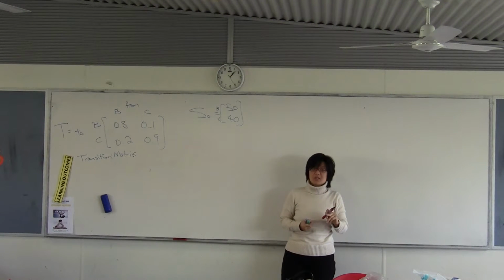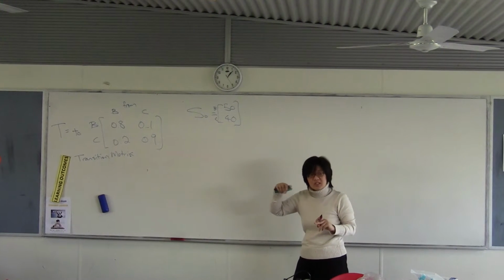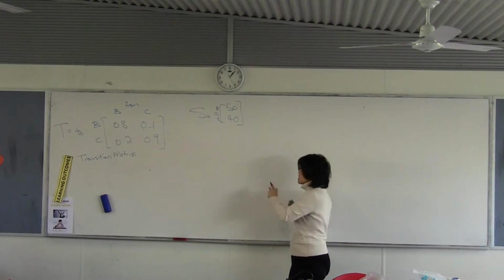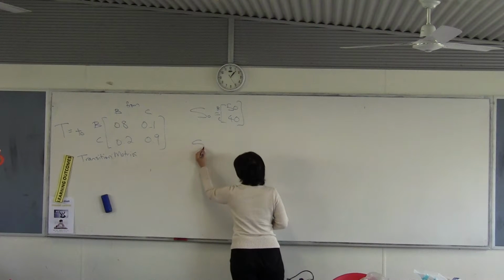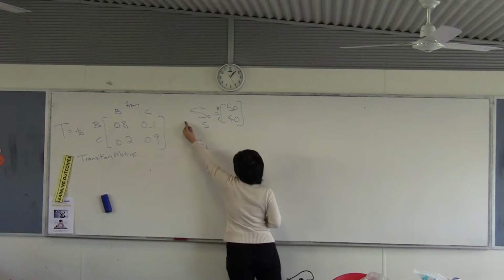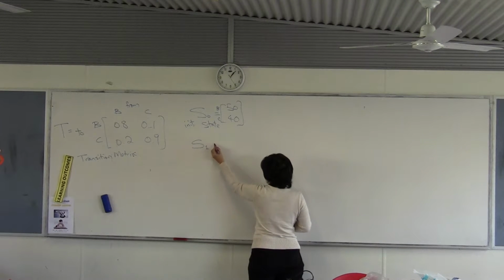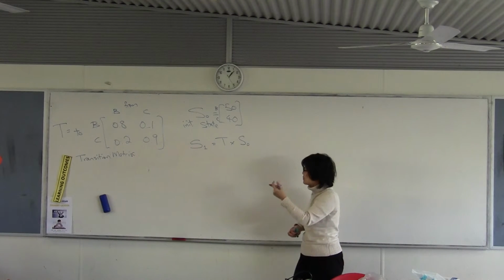To figure out the returns for the next state, you go after 1 week, state 1 is the transition matrix times the initial state. Okay?